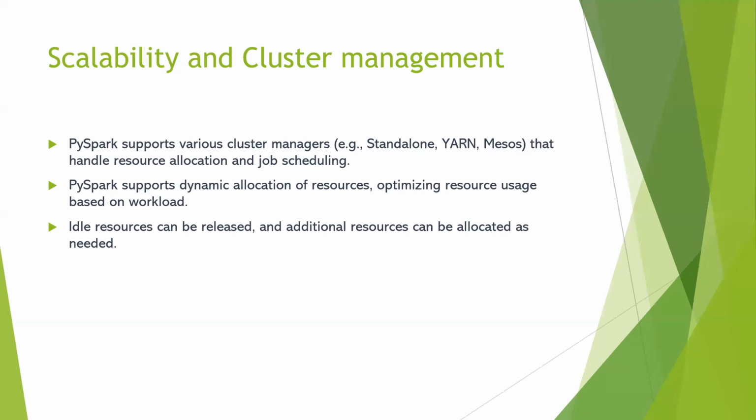But sometimes you don't have much traffic, you have a low number of users, then you don't need n resources, you only need n by 2 resources, or nodes. Then it will release the remaining n by 2 which are not required. It will distribute the workload among the n by 2 nodes only, and the idle n by 2 resources will be released.